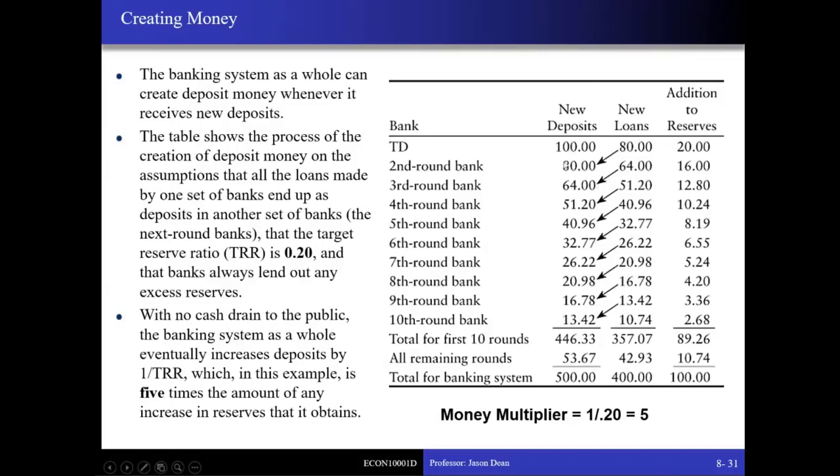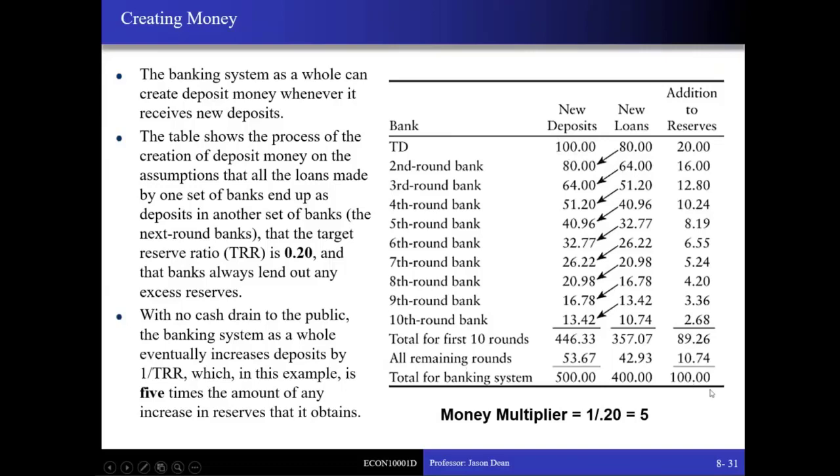If this $100 came from the Bank of Canada, so it was never in circulation to begin with, then this $100 would also be new money to the money supply, because it would not have been in M1 at all before. So anyways, this is the whole process.